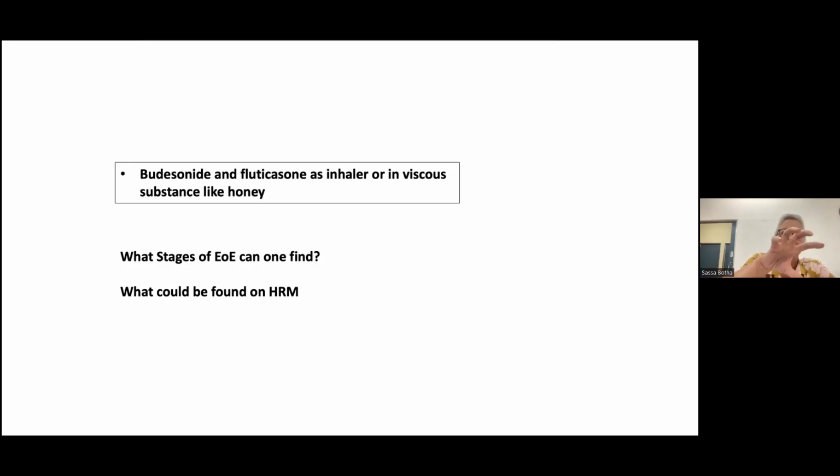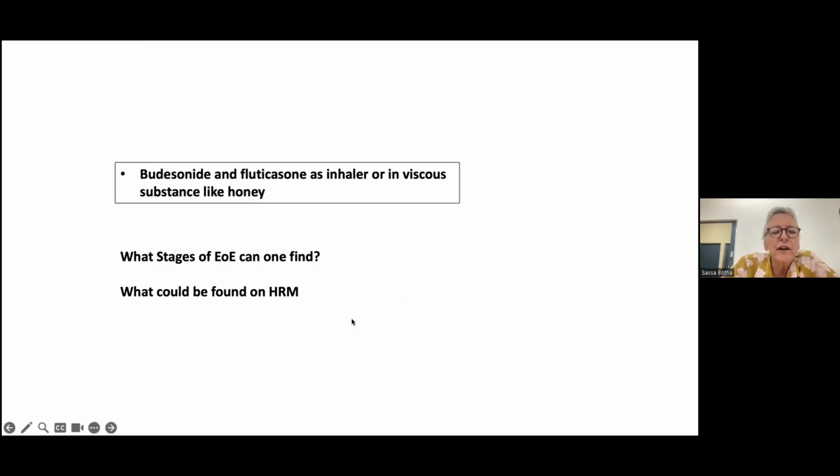It starts with one and it progresses to the other. It usually starts with the inflammatory process, and then if it doesn't get treated, it will go over into fibrosis, and that's when you get a narrowed esophagus, and you can also get strictures.